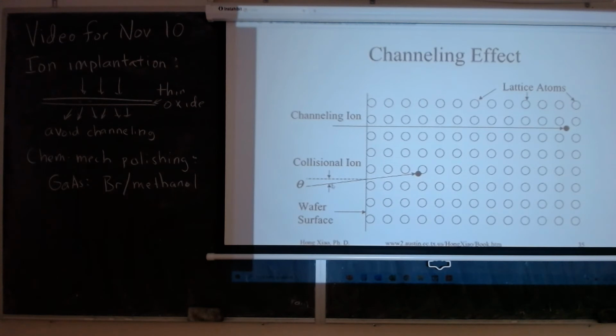I tried to look up why 7 degrees. The reason appears to be that that's as far as they can tilt most implanters. I don't think they've determined an optimum angle for this.